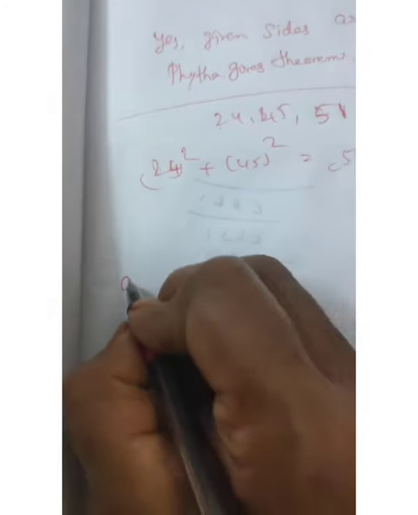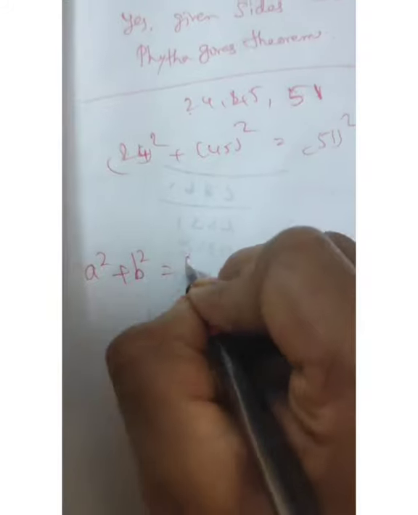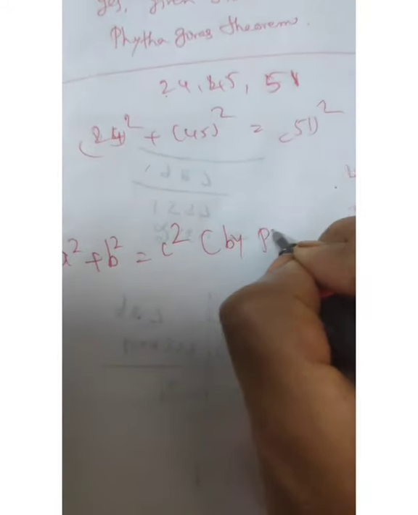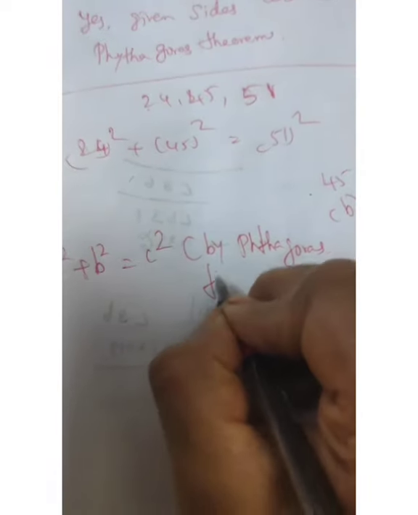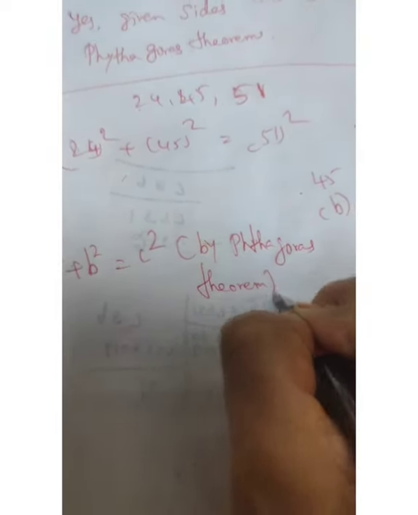So what is the formula? A squared plus B squared equal to C squared by Pythagoras theorem. A value equal to 24.